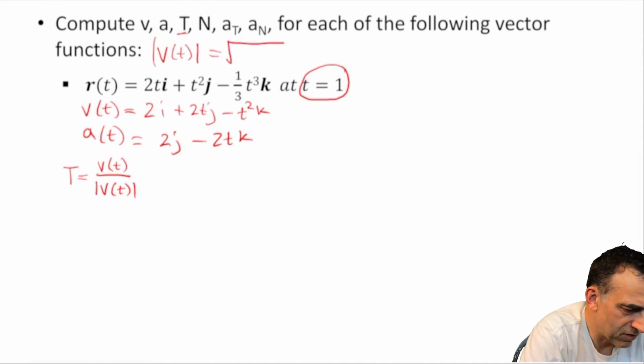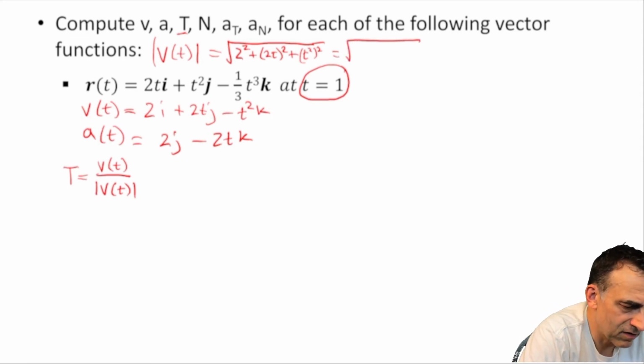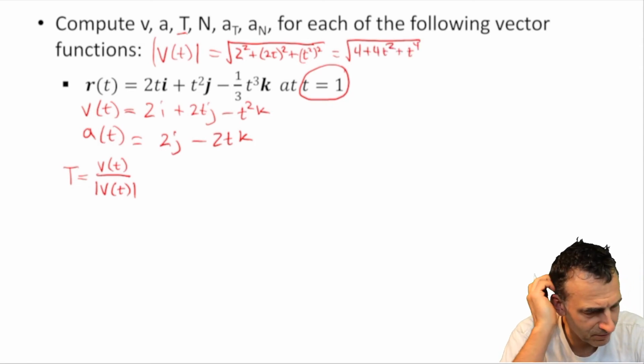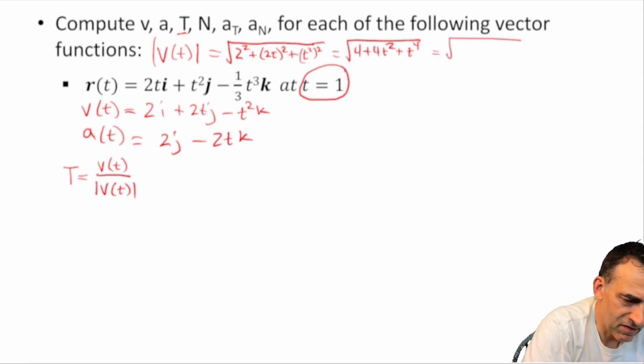So that's going to be the square root of 2 squared plus 2t squared plus negative t squared squared, but it's going to become positive. So that's going to be 4 plus 4t squared plus t to the 4th. Interesting. That's actually a perfect square. But let's just fix it, because that's t squared plus 2 quantity squared. So this particular problem was kind to us.